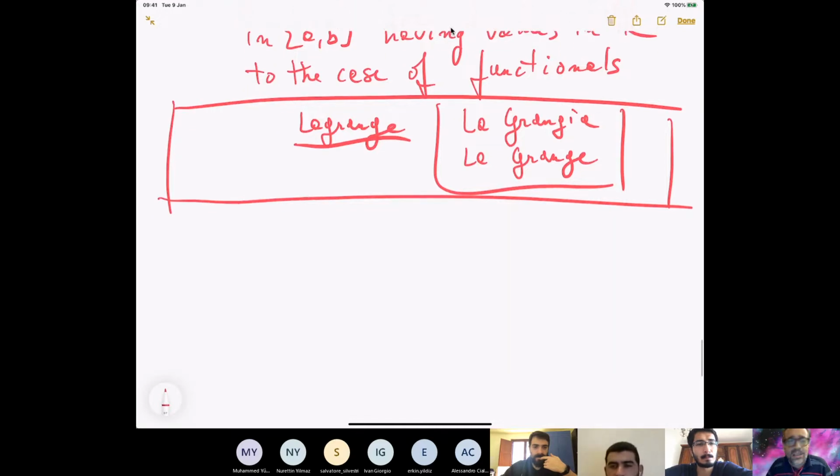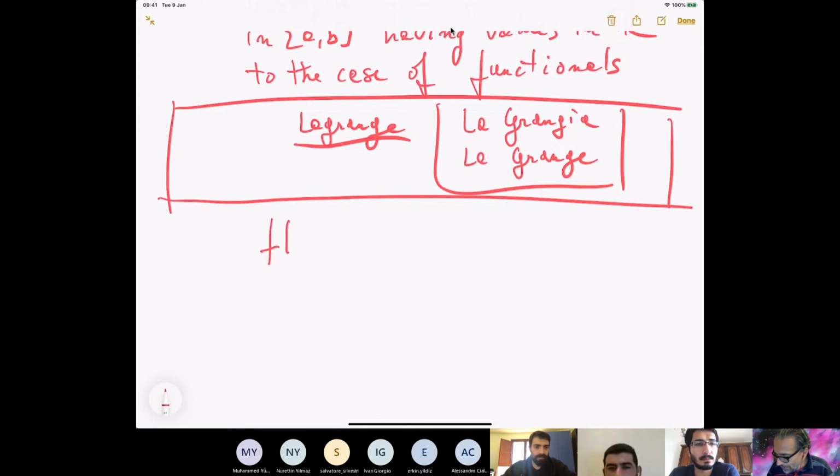Okay, so what is the reasoning of Lagrange? I will try to reproduce it quickly, even if mathematicians could be very upset. Now, the idea is the following.